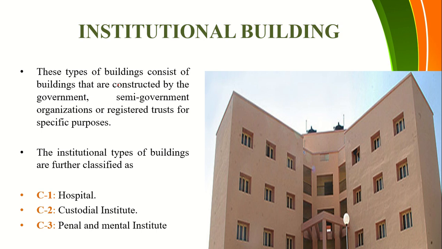Any government constructed building comes under institutional building. Further, institutional buildings are classified into three types: C1, C2, C3. C1 is especially hospitals, C2 is custodial institutes, and C3 is penal and mental institutes.